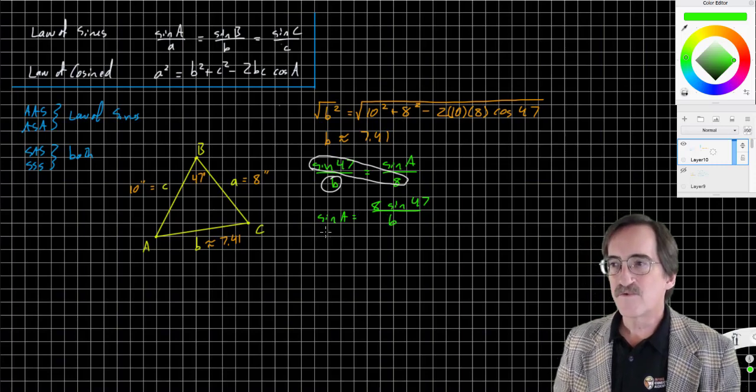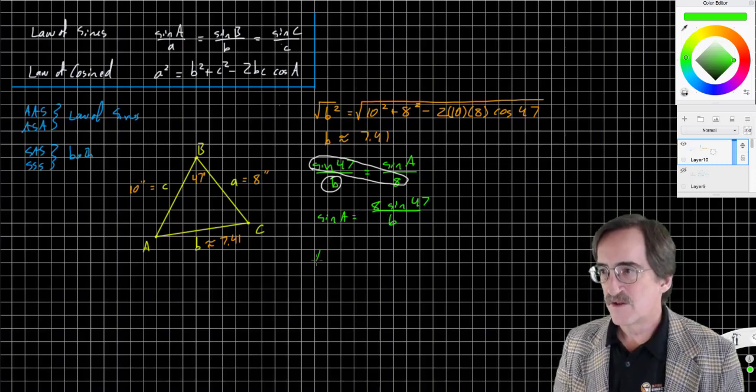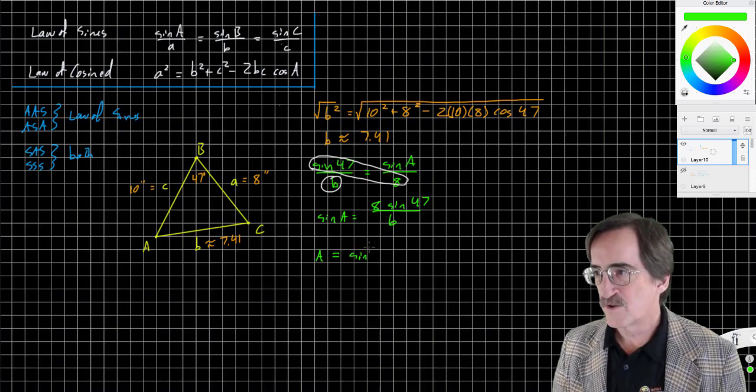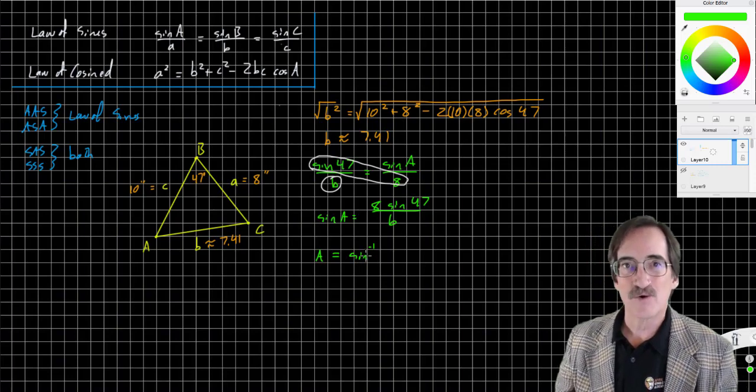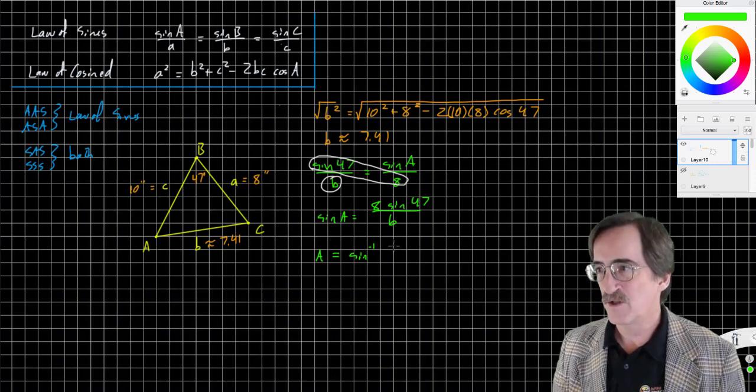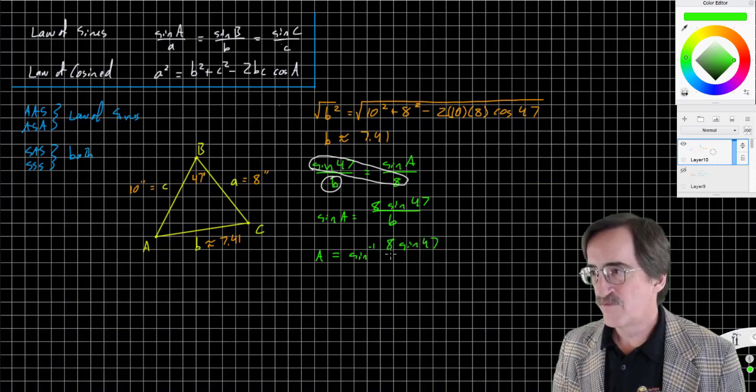And then inverse sine or arc sine of A. So A equals arc sine, usually written with a little -1. It can be ASIN or ARC-SIN as well, depending on where you're typing it. Sine 47 over b.